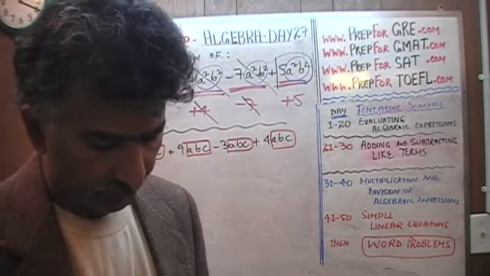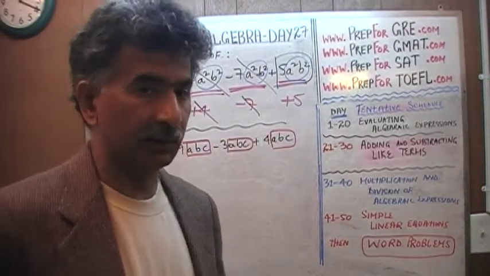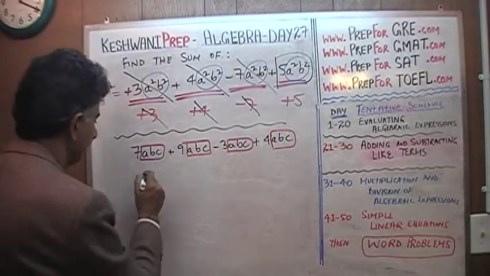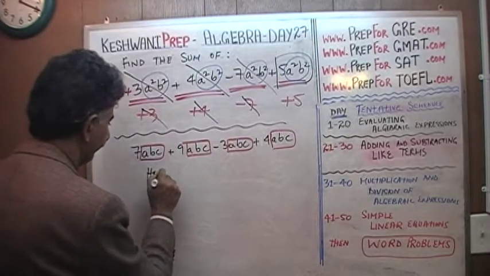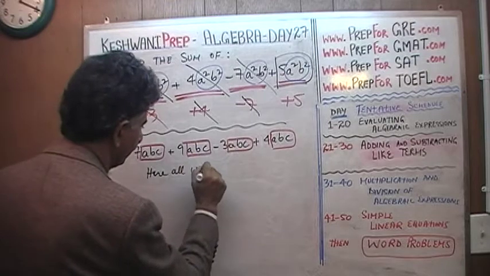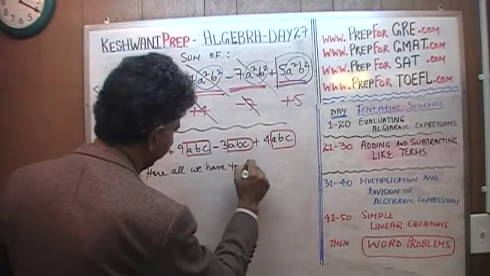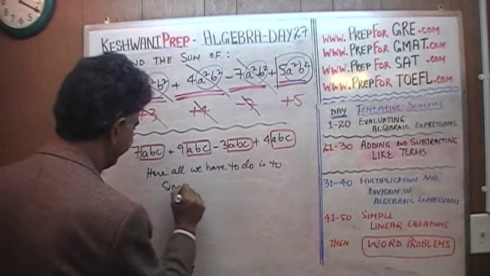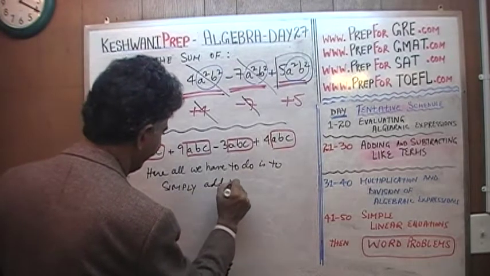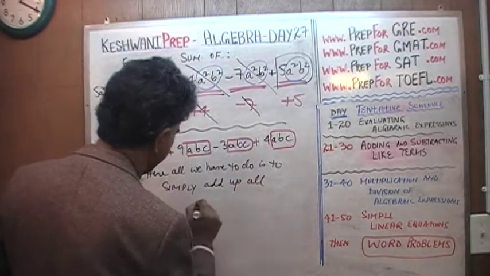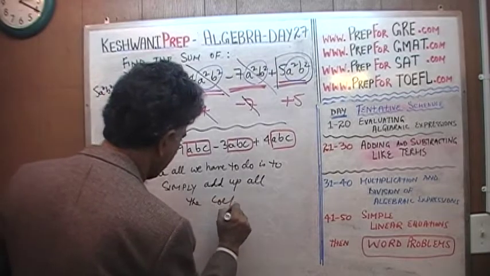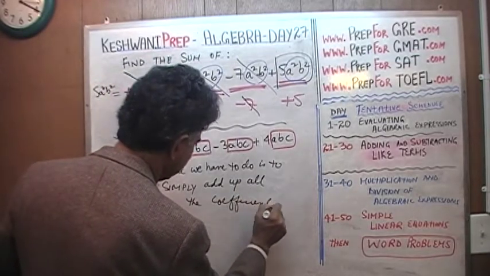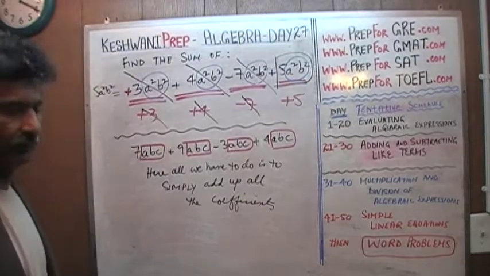Since all the terms are like terms, all we have to do is simply add up all the coefficients.